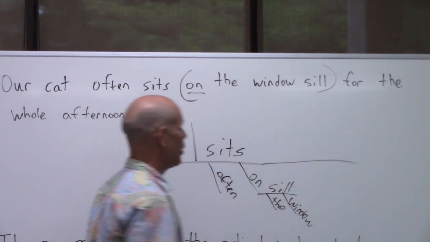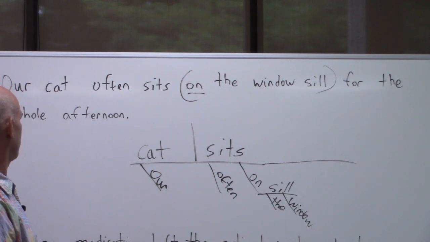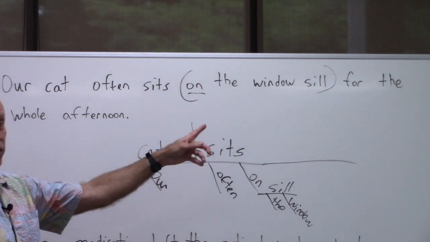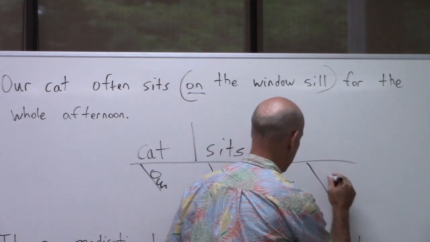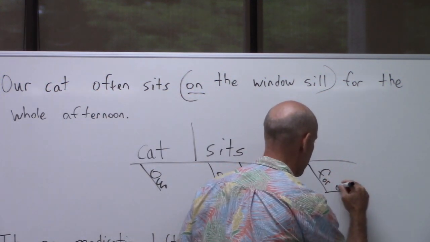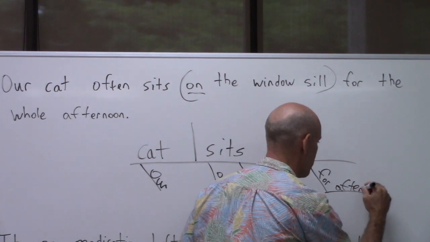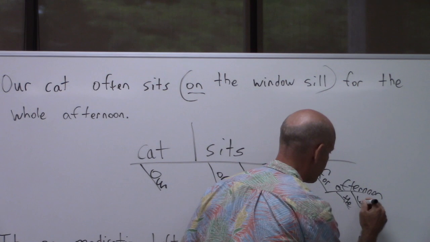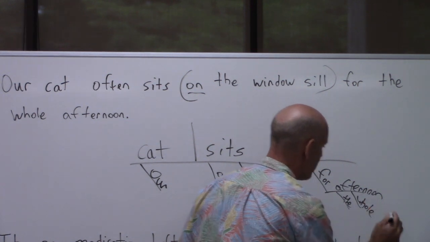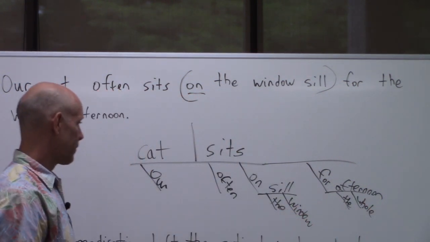And we have something left too, right? That's also time and place. What's left? For the whole afternoon. All right. Afternoon is the object of your preposition. Which one? The whole afternoon.